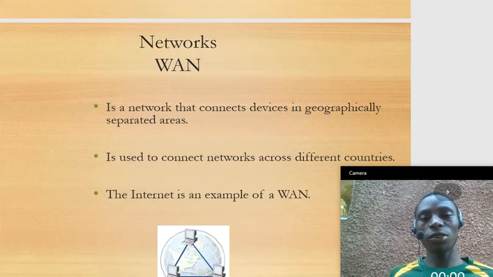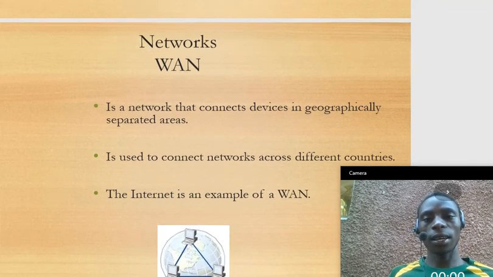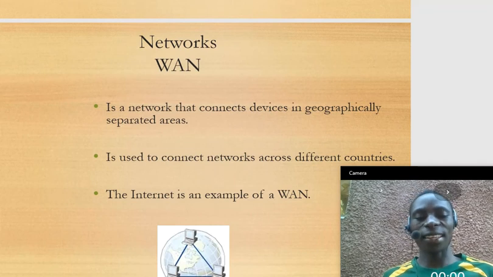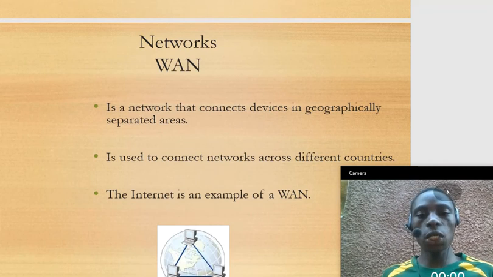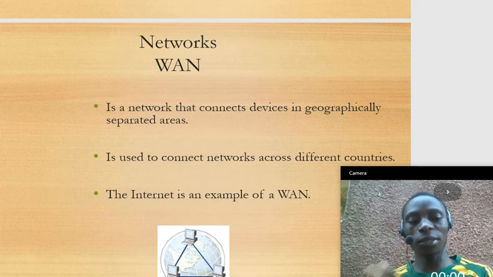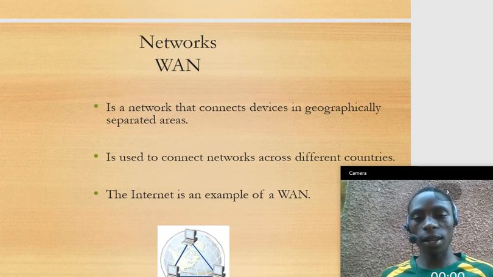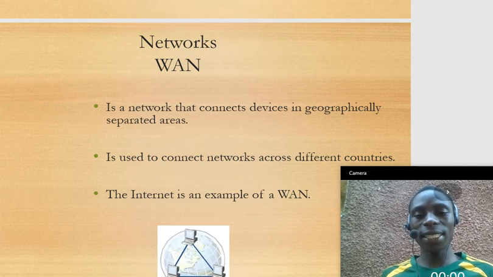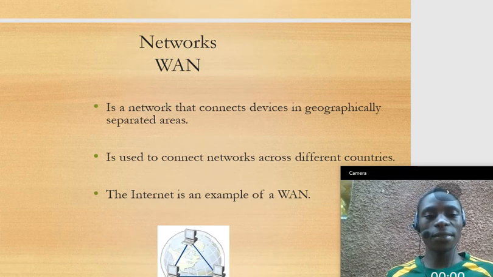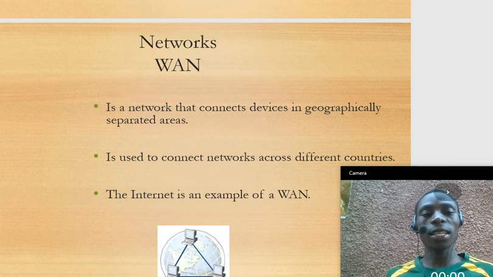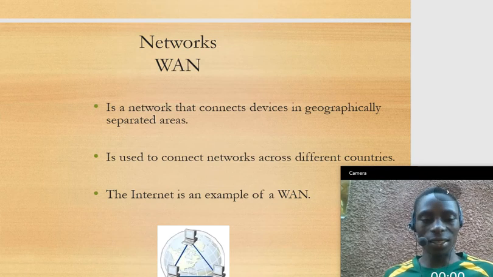So another terminology here is the WAN or wide area network. We have looked at the local area network, but also we're looking at the wide area network. So we're saying it is a network that connects devices in geographically separated areas.